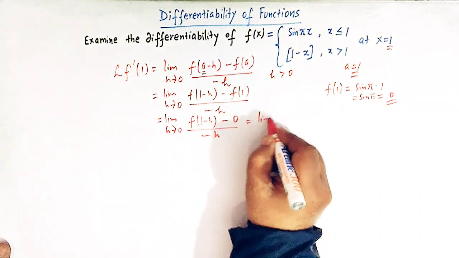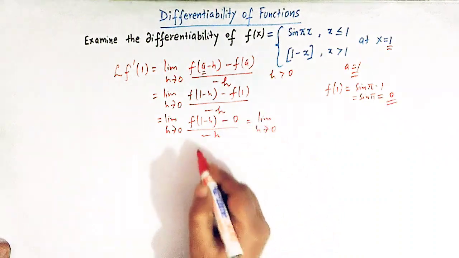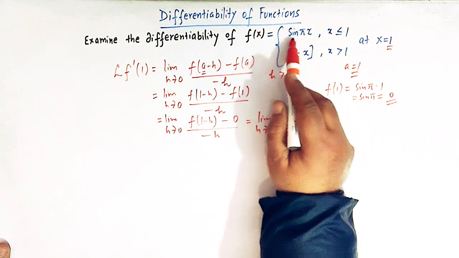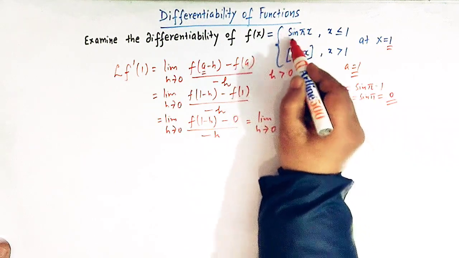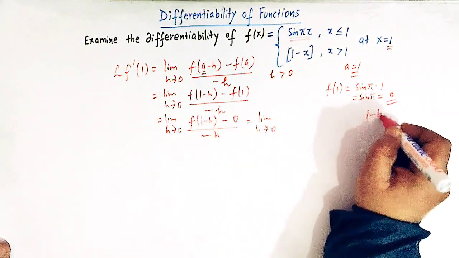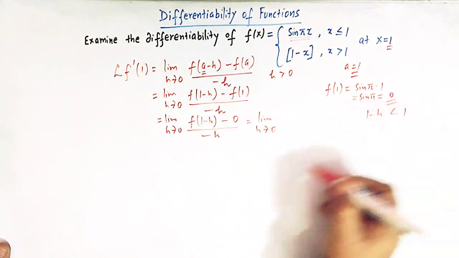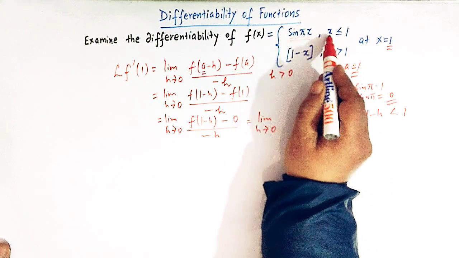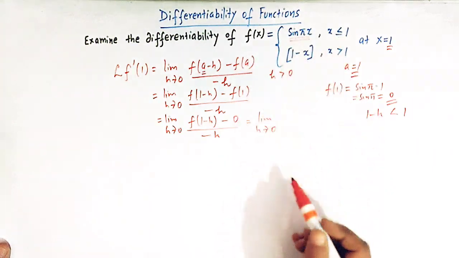So we have limit h tends to 0 of f of 1 minus h, which can be written with the help of this function, because 1 minus h is less than 1, right? And the function is defined as sine pi x for x less than 1, right?